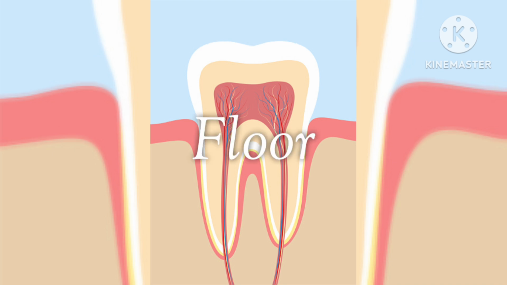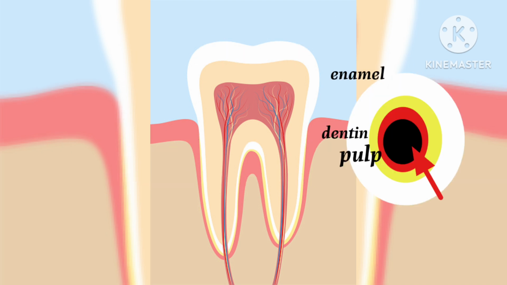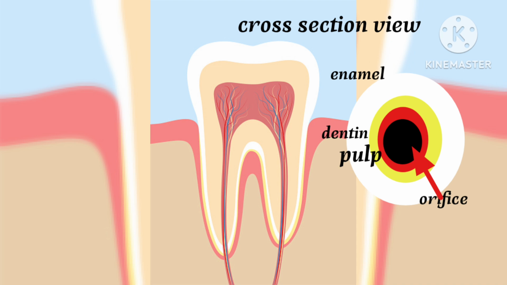Now coming to the floor of the pulp chamber. So floor is the end limit of the chamber and the point where the crown of the tooth terminates. If we see the floor of the chamber from a cross-sectional view, we see small openings in the center.